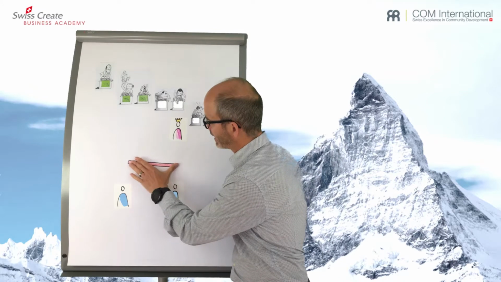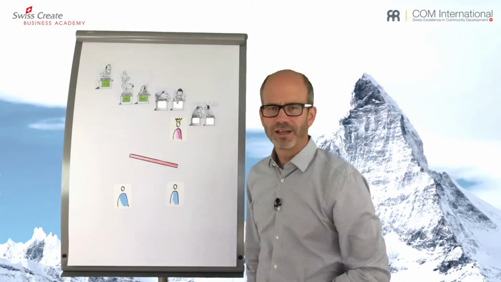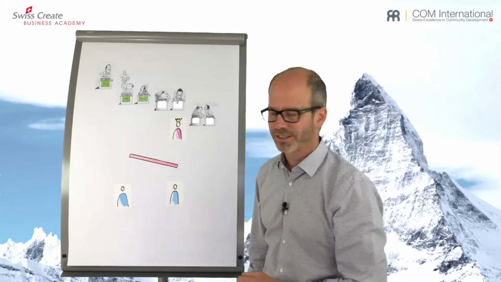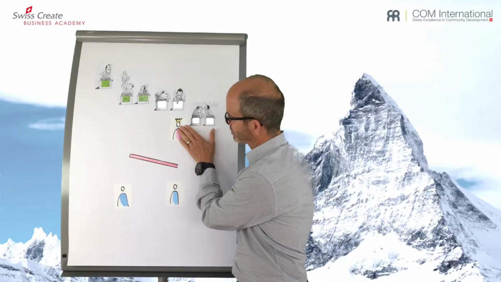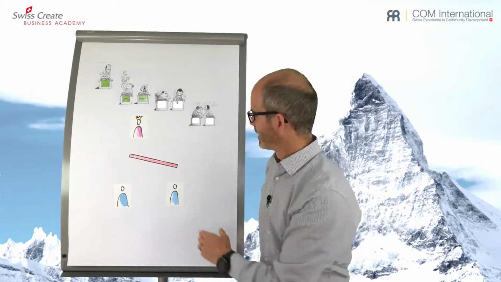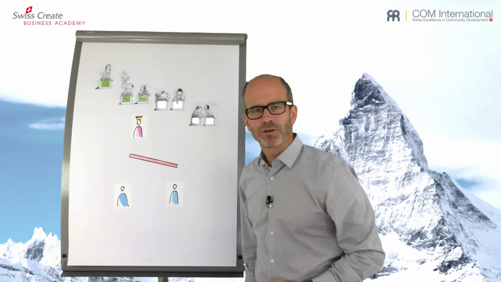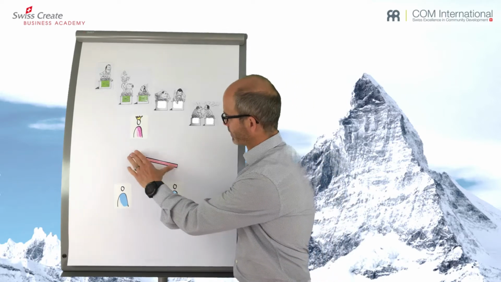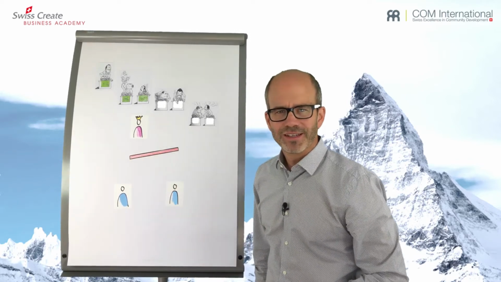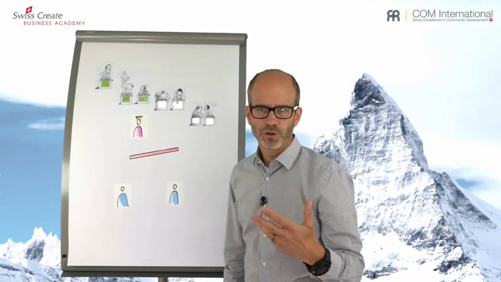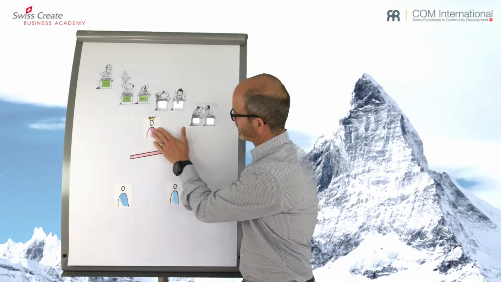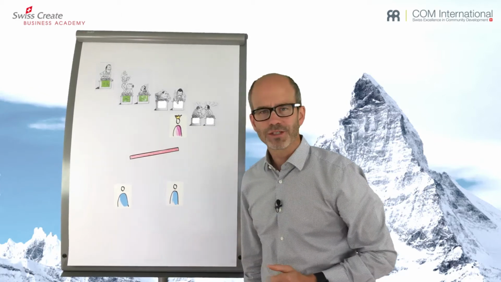He's increasing the quality again, with more additional services. What's the reaction? The customer is changing. Now the blue one also increases the quality, and he offers new products. What's happening again? The customer is changing.